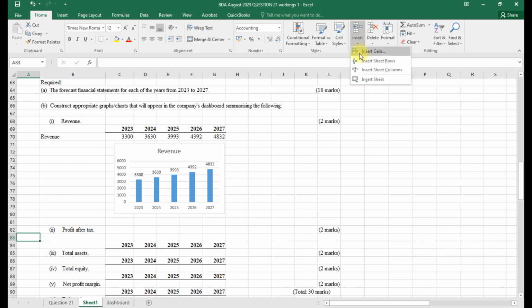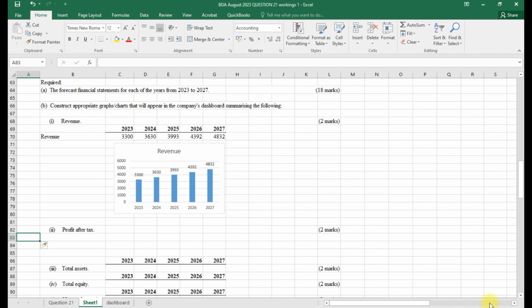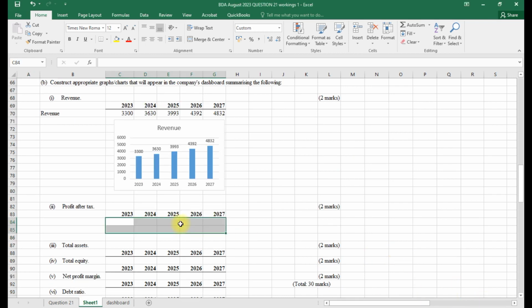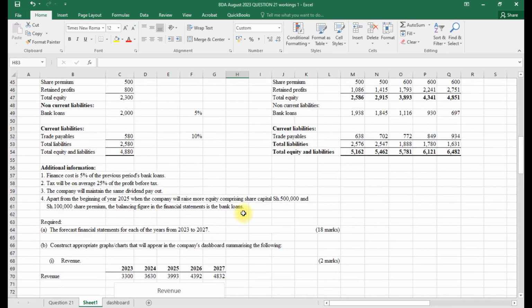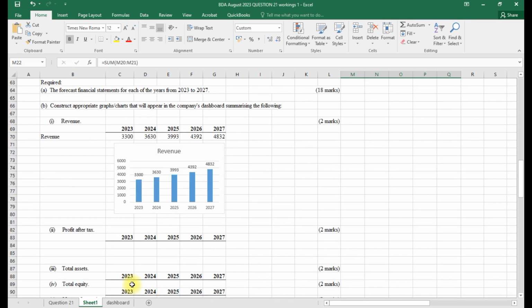So I need to include the profit after tax. I'll come here, my profit for the year. I'll copy this, come paste it here.